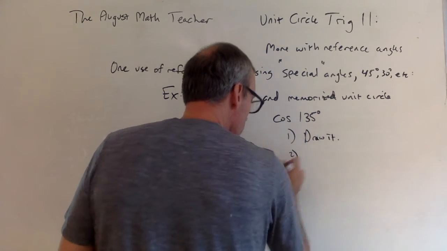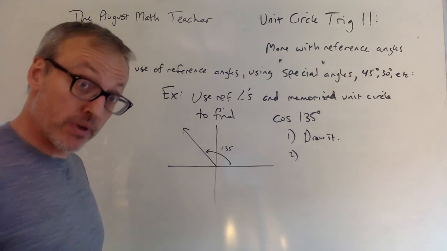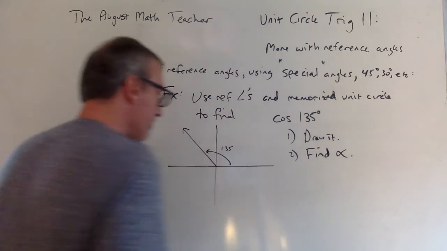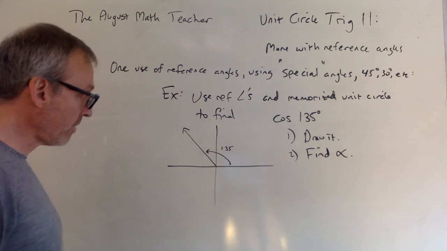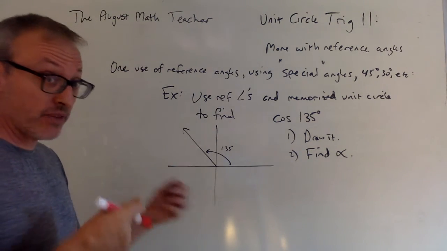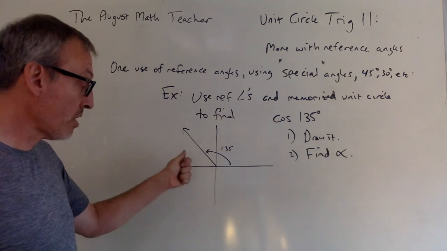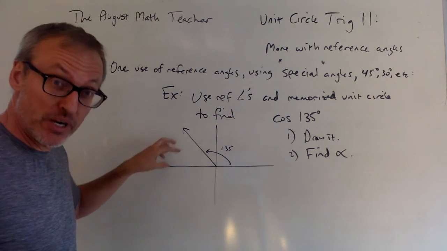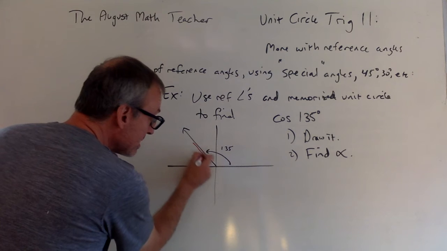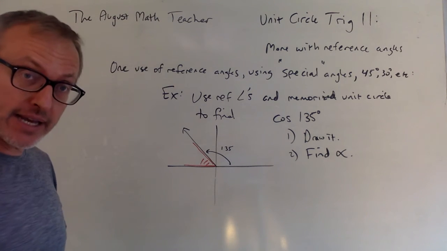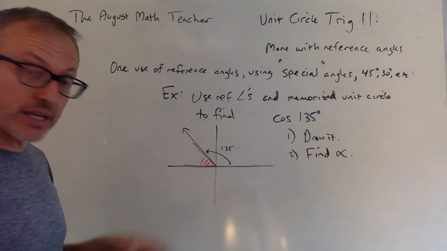So, step one, draw it. Step two is to figure out what the reference angle is. Find what we're going to call alpha. The steps for finding alpha were, first, after we draw it, we have to figure out physically where alpha is. Physically, it's this angle, the acute angle formed between the x-axis and the terminal ray of theta. There it is.